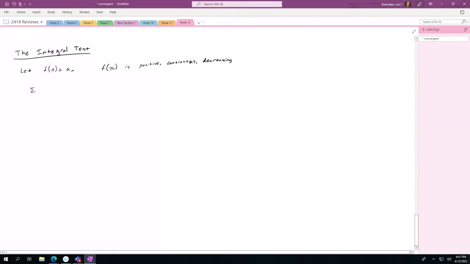Well then, we say that the sum from n equals 1 to infinity of a sub n is dependent on the integral. So we can say that the sum converges if and only if the improper integral from 1 to infinity of f of x dx converges.